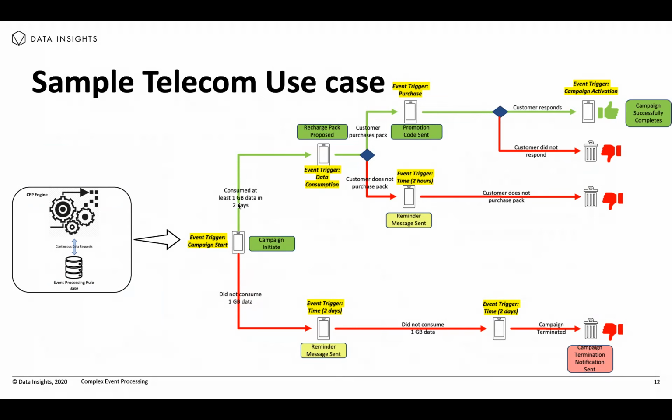On this basis, we take appropriate actions. If he has not done so, then we send him a reminder message that if you do it, you have X and Y benefits. On the other hand, if the customer has already done this, then we send him an alert that you have consumed this much amount of data in this period.